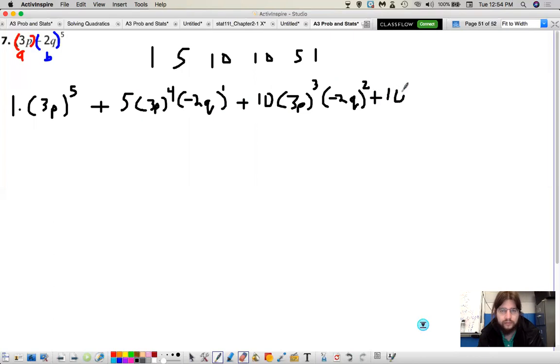Plus 10 times 3p squared, negative 2q to the third. Plus 5 times 3p times negative 2q to the 4th, plus 1 times negative 2q to the 5th.